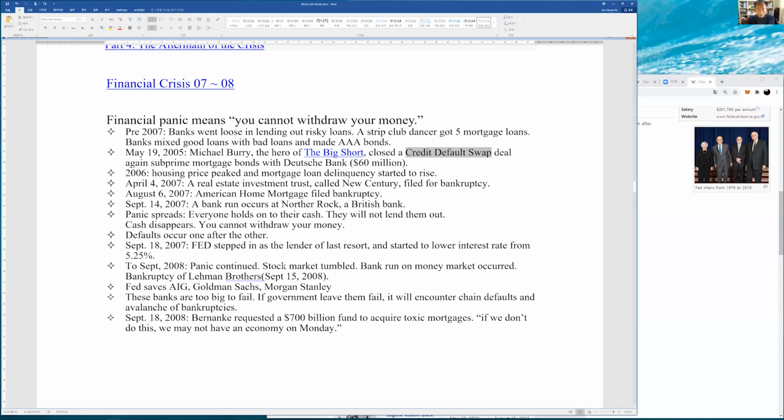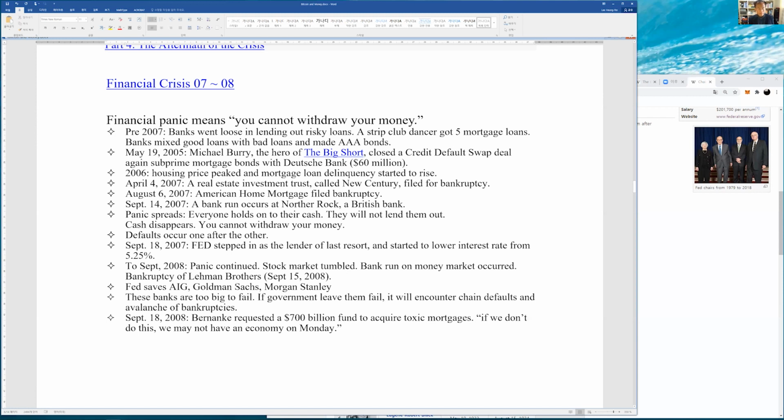The stock market tumbled, the bank run continued, and finally Lehman Brothers, one of the biggest investment banks on Wall Street, filed for bankruptcy.